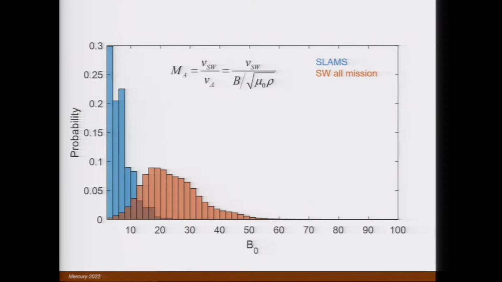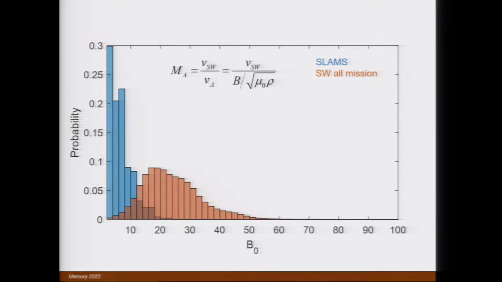Now, in space, the Mach number is defined not by the sound speed, but by the Alfvén speed, the velocity of another information-carrying wave, the Alfvén wave. That velocity is given by the magnetic field strength divided by the square root of mu naught and the mass density of the plasma.